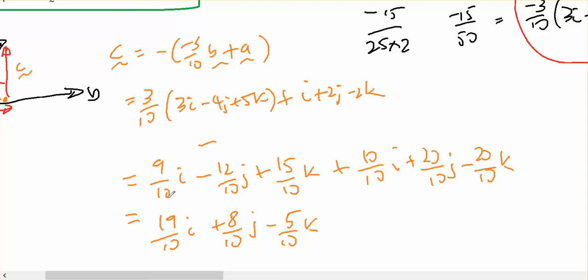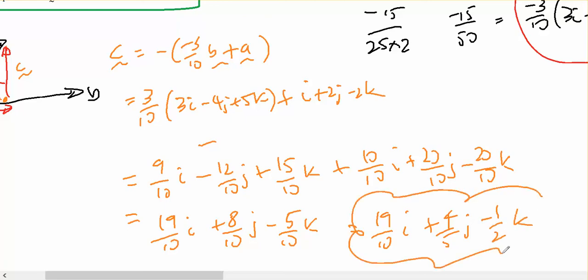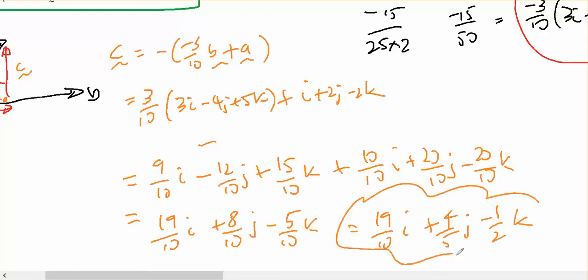So piecing all of this together, putting them all over 10, I get here, which can be simplified to equal 19 on 10 in the i plus 4/5 in the j minus a half k. That will be the vector resolute perpendicular.